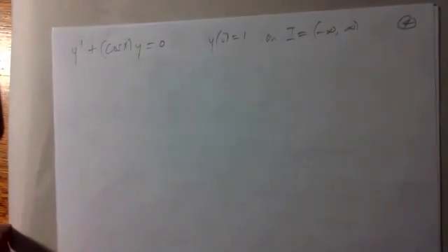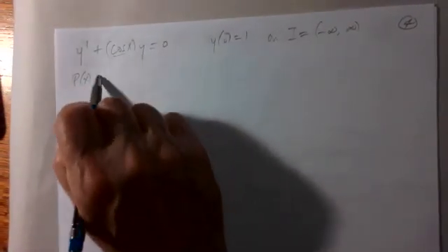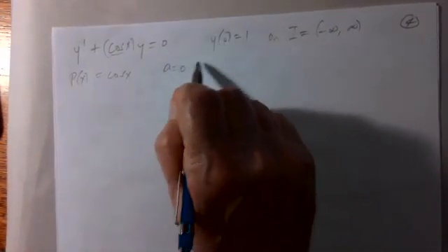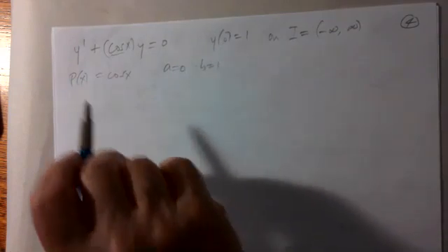On the interval I, that'd be the whole real line, but we'll worry about that in a moment. So in this case, my function p of x is cosine x. And a is 0 and b is 1.